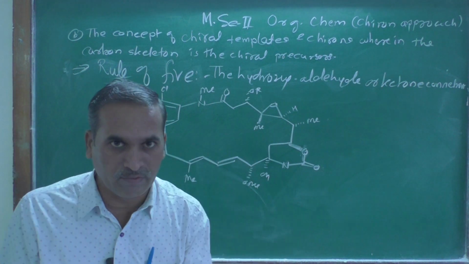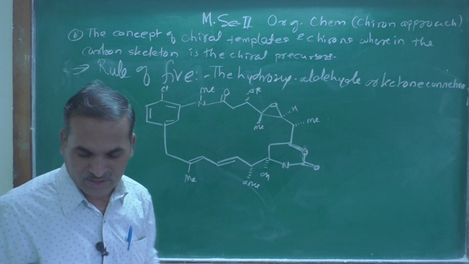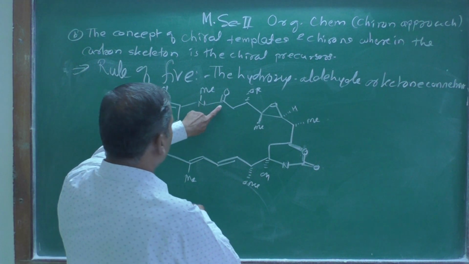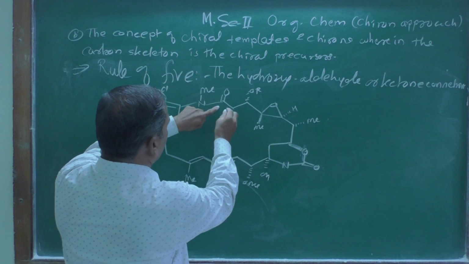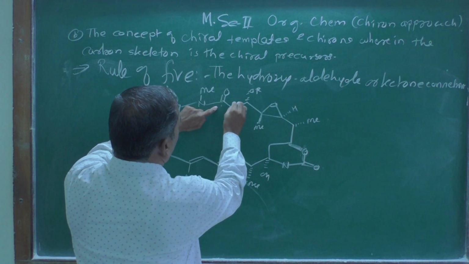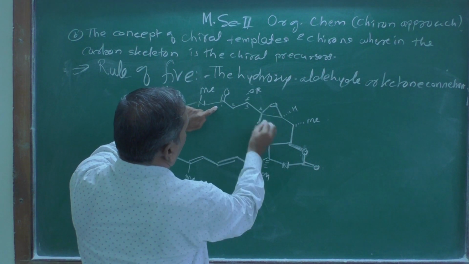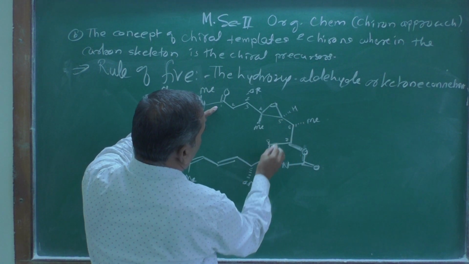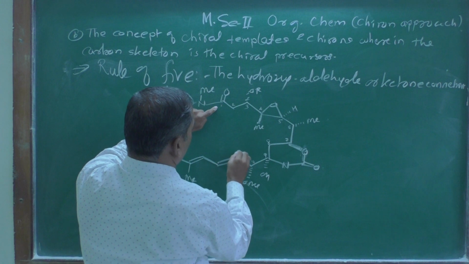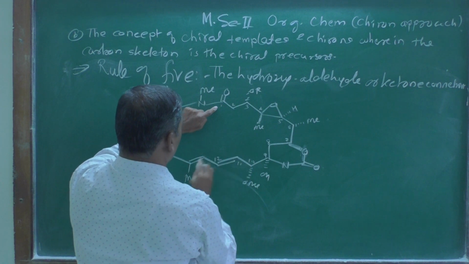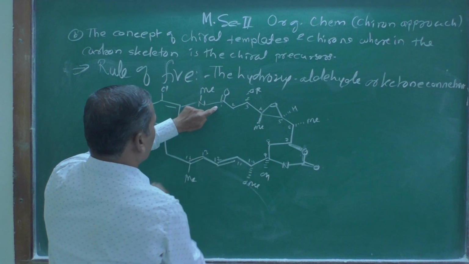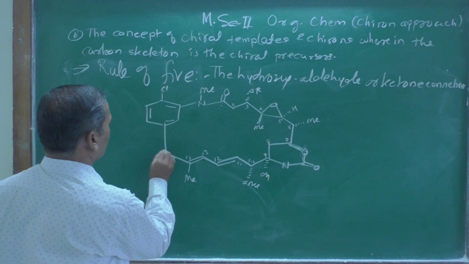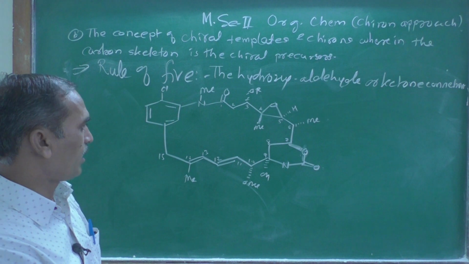Now they have numbered the carbon atoms, starting from here: 1 2 3 4 5 6 7 8 9 10 11 12 13 14, and this one is 15.